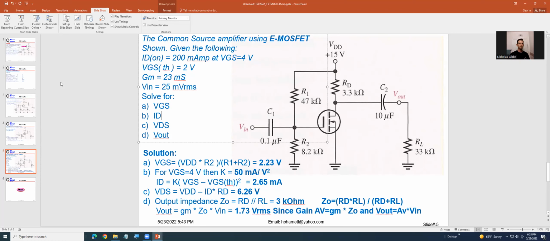So 3.11 would be a correct answer for output impedance, 3.1 kilo ohm. 3.1, I think. Okay. All right. Thank you. Welcome.